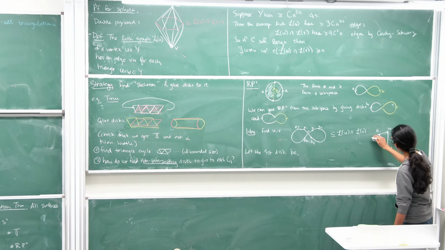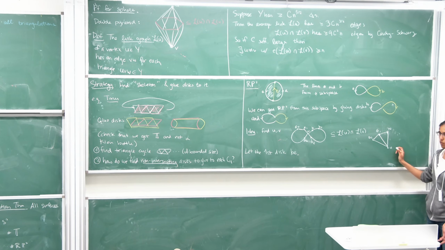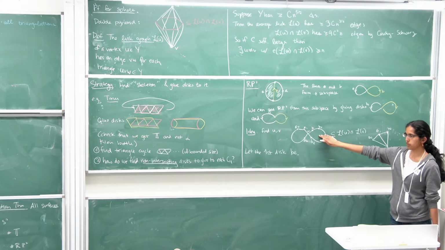So each of these triangles exists because these two cycles are in the link.